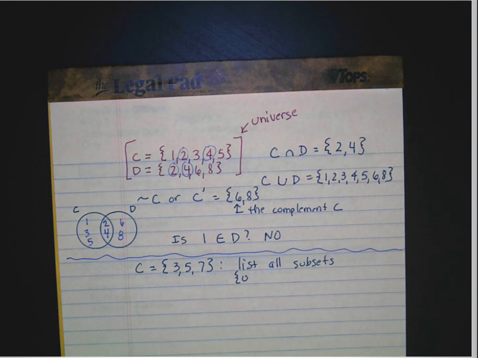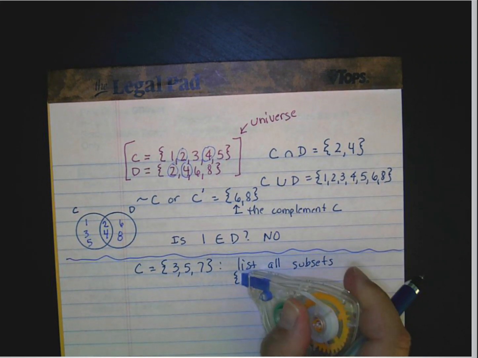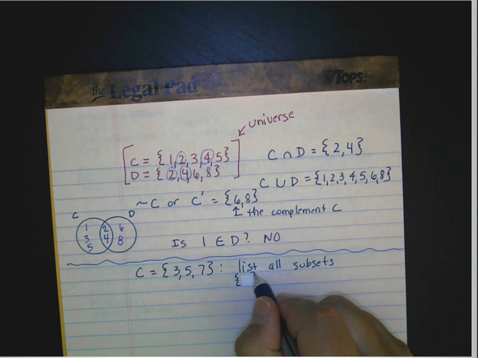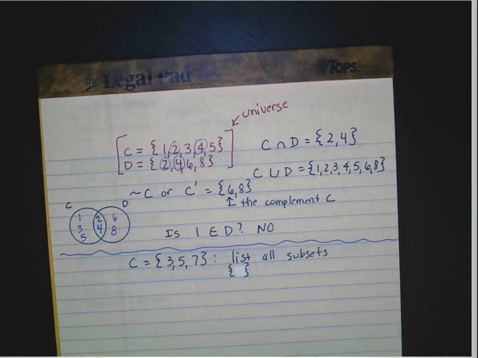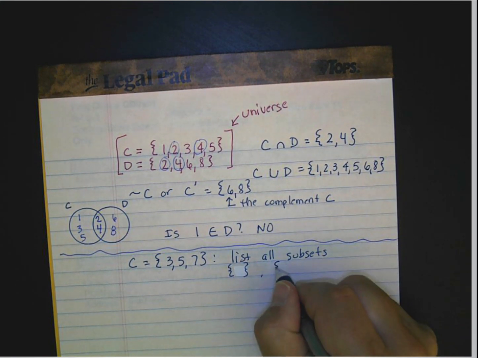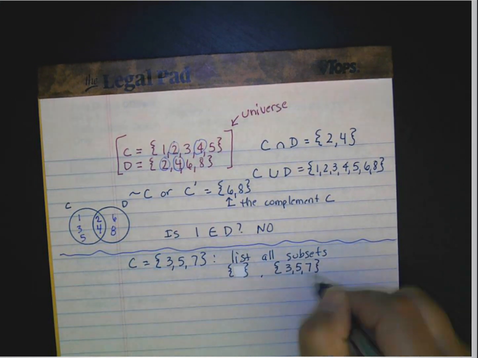The empty set, which means it's empty, there's nothing in there. Okay, so just the empty set, that's a subset. And then every single member is also a subset, as well as the set itself. I know it sounds redundant, but that is.